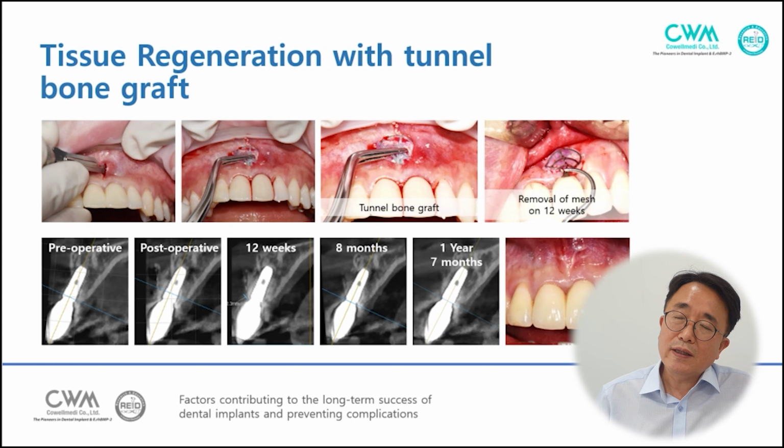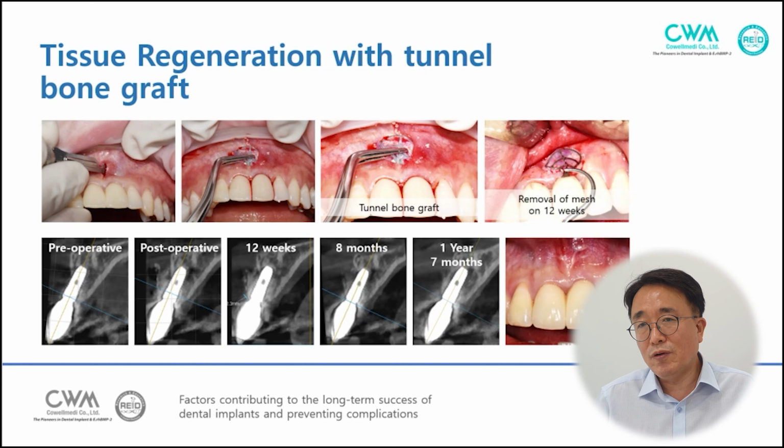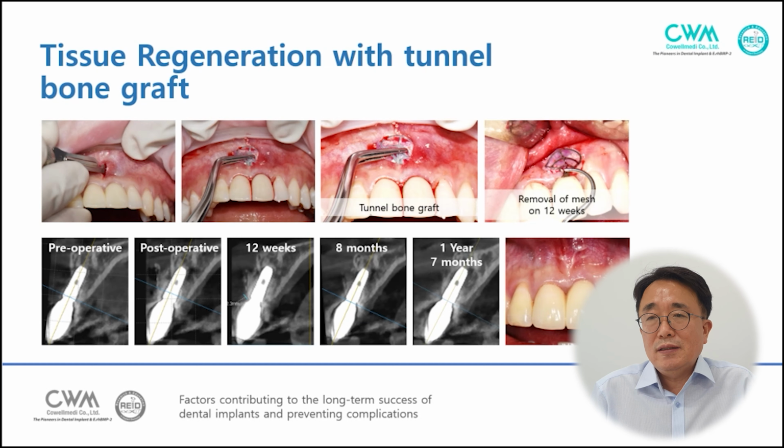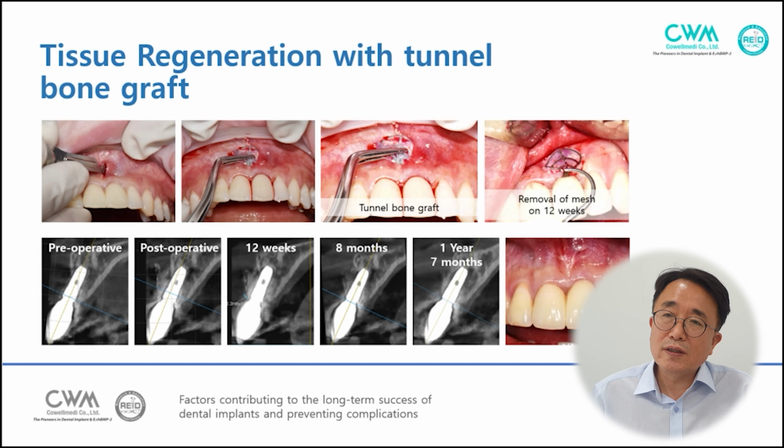So I can use the anterior nasal spine eminence for the bone graft support. And I inserted the bone graft, and to prevent volume collapse, I inserted the titanium mesh and then closed through a tunnel flap.